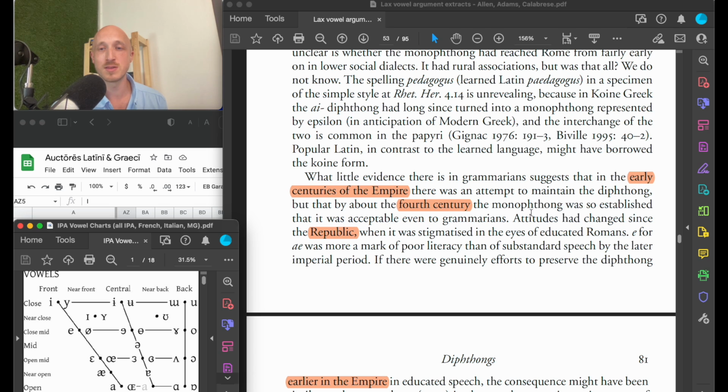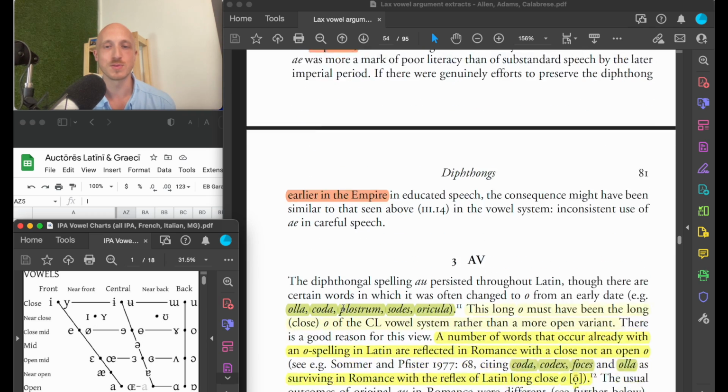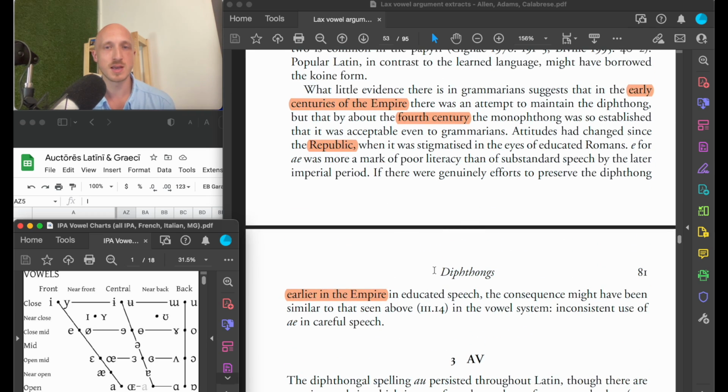So the 4th century, the monophthong was so established that it was acceptable even to grammarians. When it comes to vowel space, I think it's just more likely that, yeah, you could have had the long E raising into I. Sure, that could happen. But it definitely would be happening if you have a phonemically distinct long E sound derived from the letter A, letter E diphthong, the AE diphthong becoming E, pushing former E to E in order to keep them from being confused. So we do see that in the empire.